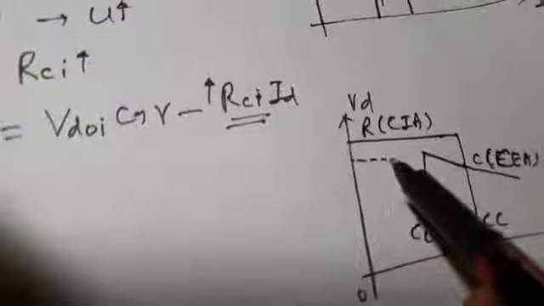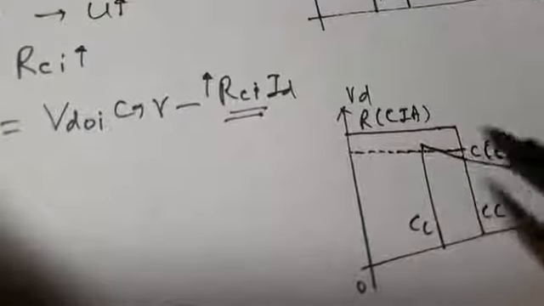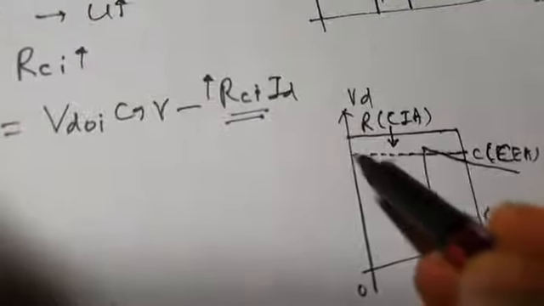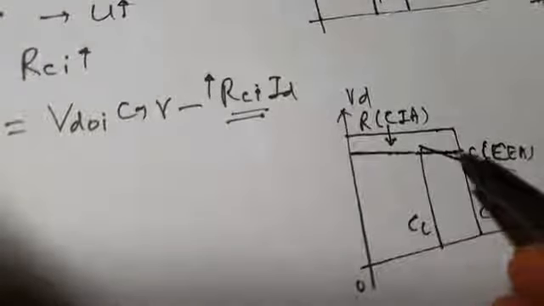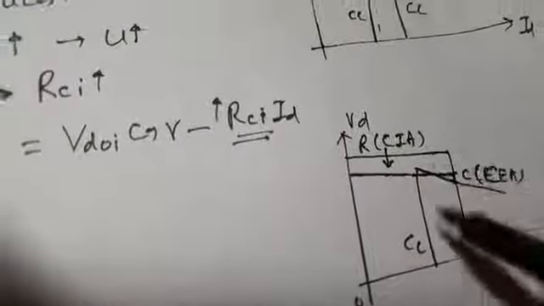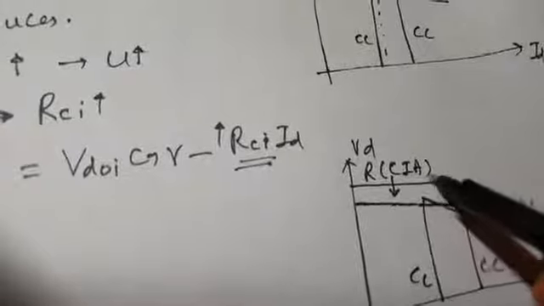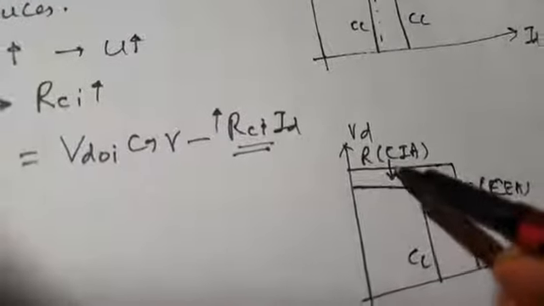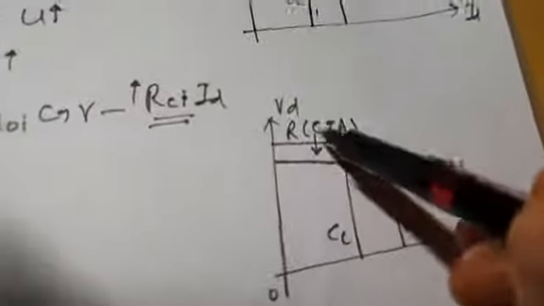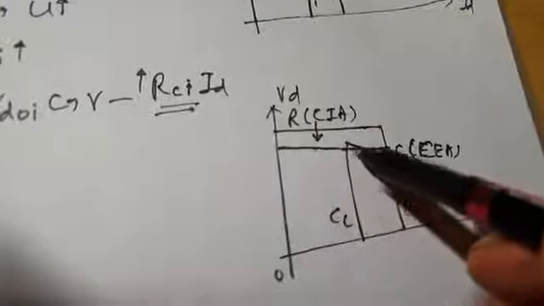Now let us suppose the rectifier side voltage has decreased, and your new rectifier characteristic becomes like this. Earlier this was your rectifier characteristic, and now due to a fault or sag on the rectifier side, the rectifier side voltage has reduced.